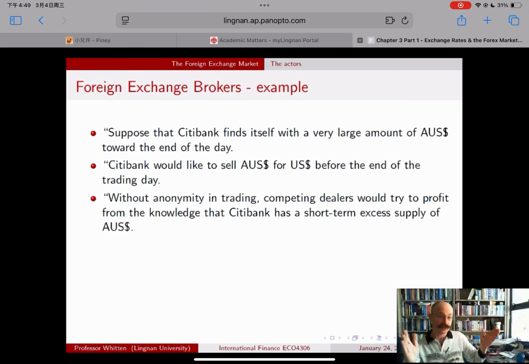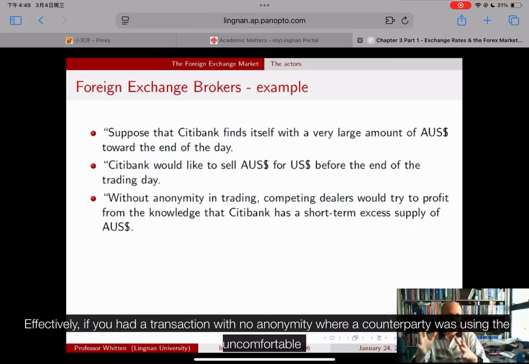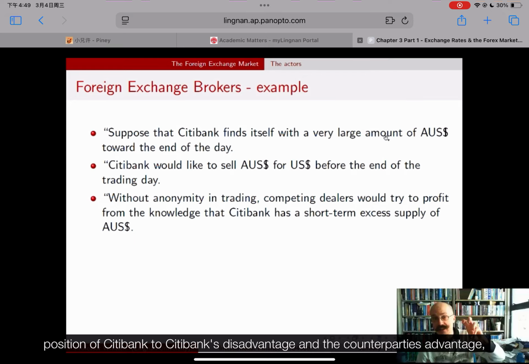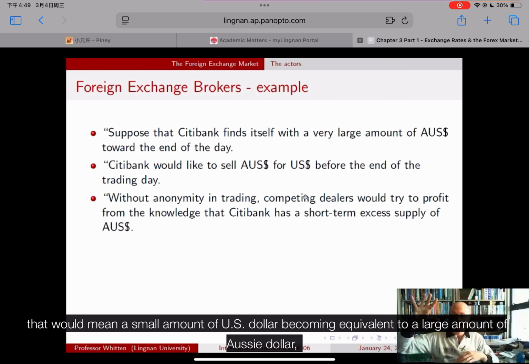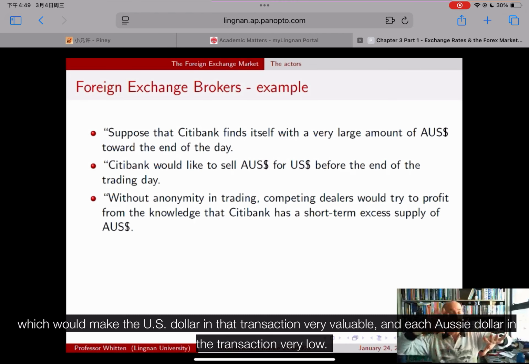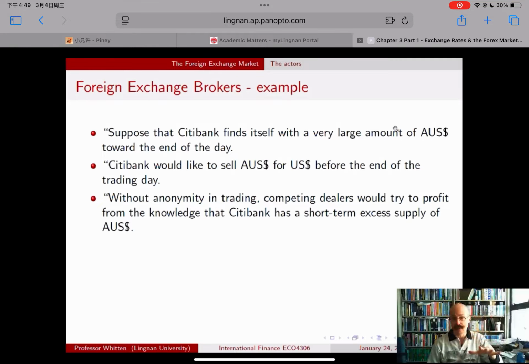Effectively, if you had a transaction with no anonymity where a counterparty was using the uncomfortable position of Citibank to Citibank's disadvantage and the counterparty's advantage, that would mean a small amount of US dollar becoming equivalent to a large amount of Aussie dollar, which would make the US dollar in that transaction very valuable, and each Aussie dollar in the transaction very low.